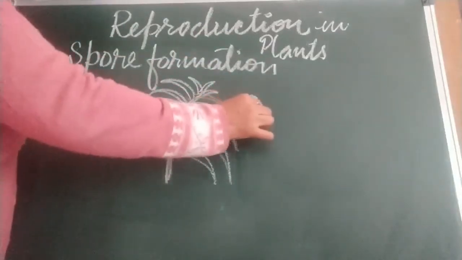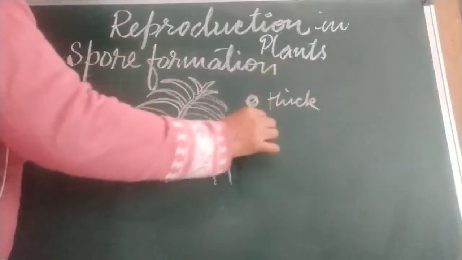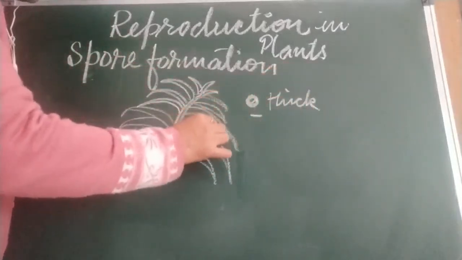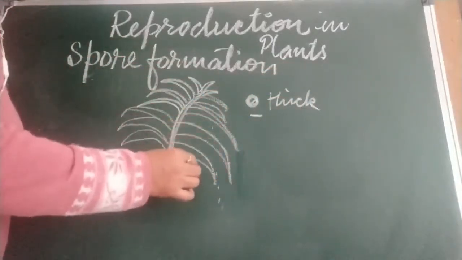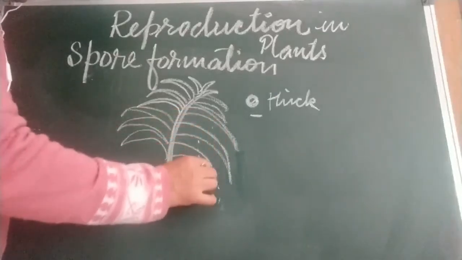Why is this thick covering there? These spores, as I told you, are attached at the back side. They fall down in the soil.